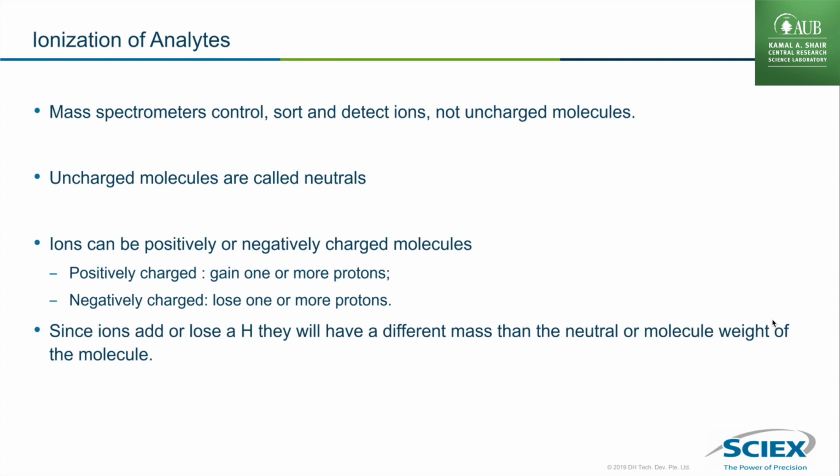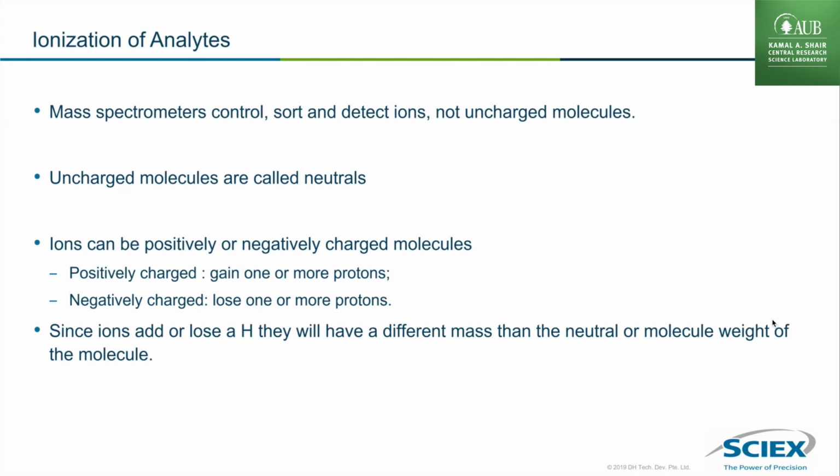So again, why do we need ions? We need ions because in the analyzer, we're going to set up magnetic and electrical fields to sort and to filter by mass. So a neutral compound will not respond to those electric and magnetic fields. So those are called neutrals, and we can't analyze those. So mass spectrometers only work with charged molecules, ions.